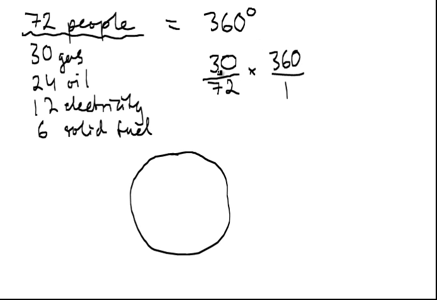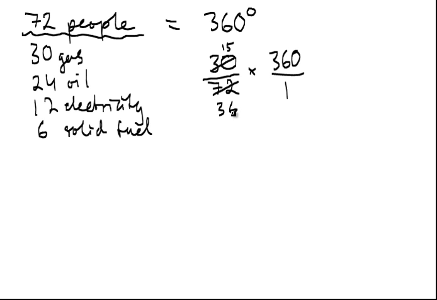So before we start to calculate this, let's try to simplify as much as possible. Make some space down here. So we can divide by 2 a couple of times. 15, and here we have 36. Now we have 36, 360. So this is actually the same thing as 36 times 10.